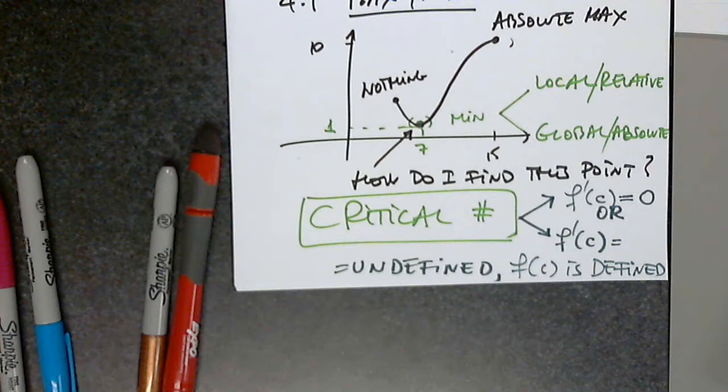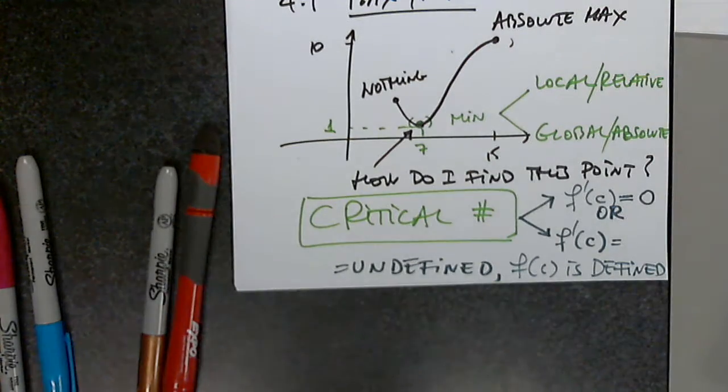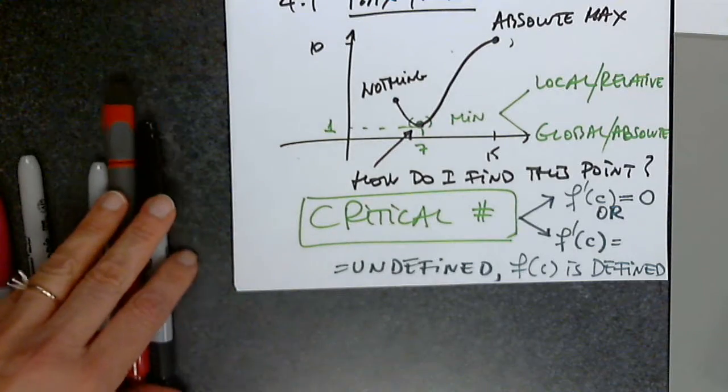What do you get? 1 over 2 the square root of x. What is the domain of 1 over 2 the square root of x? Definitely not 0. So 0 is a critical number because f prime is undefined, but f of x exists at 0. That's one of the simplest examples that I could come up with right away.